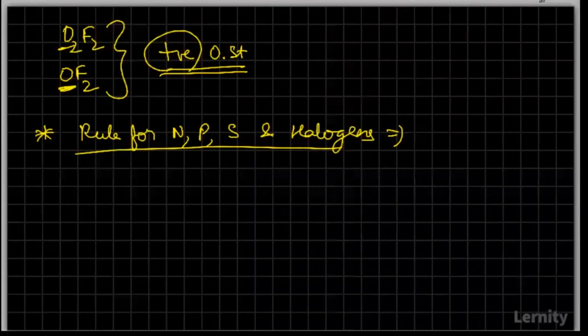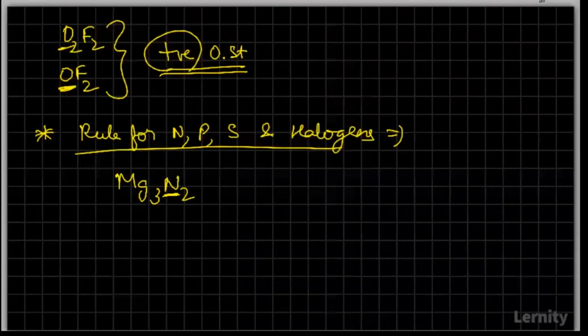So whenever we find these elements in a binary compound, especially with hydrogen or metals, their oxidation state is found to be fixed. Example, let me ask you a question. What will be the oxidation number of nitrogen in magnesium nitride?